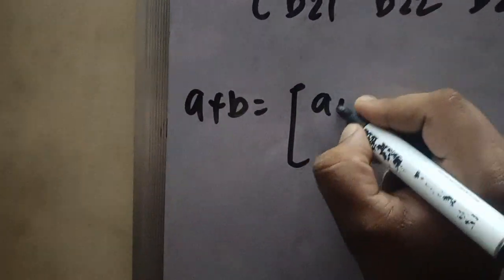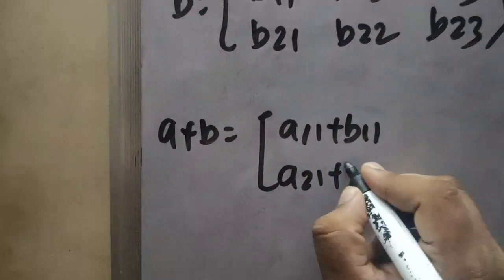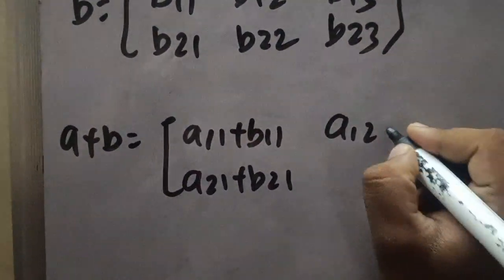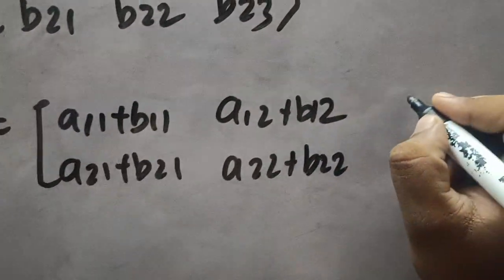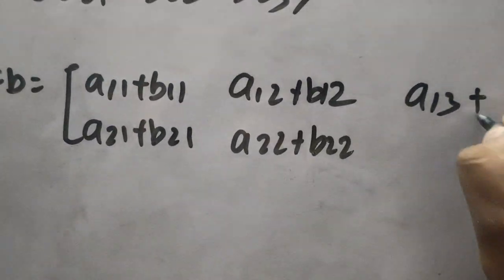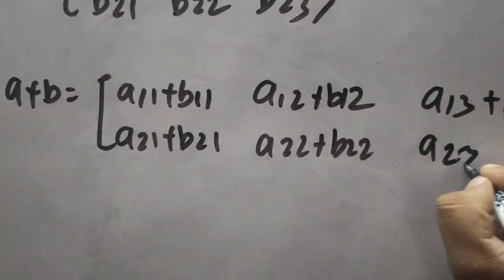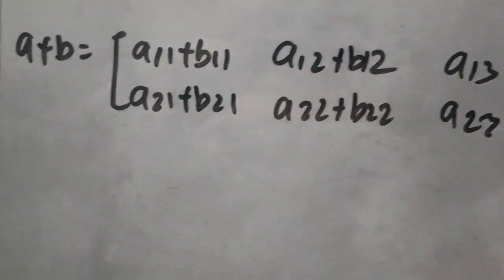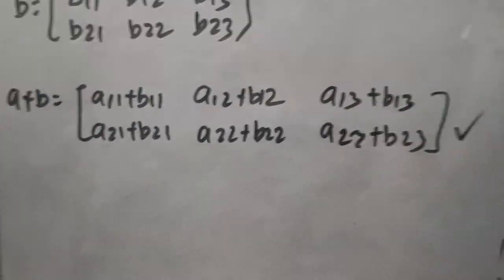What we'll get is a11 plus b11, a21 plus b21, a12 plus b12, a22 plus b22, a13 plus b13 and a23 plus b23. So is this a 2 by 3 matrix? Yes sir, this is a 2 by 3 matrix, and hence the addition condition is satisfied.